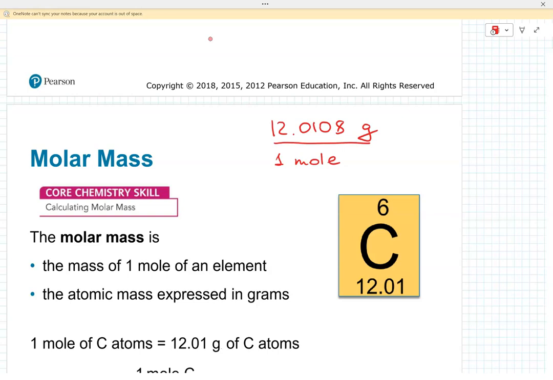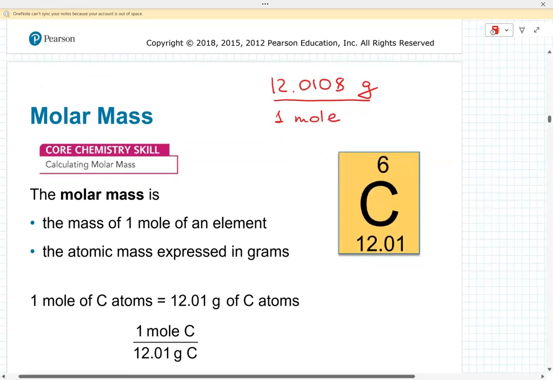Does that make sense? Take a look at what I wrote on that page. Is this a conversion factor? Yeah, it is a conversion factor. It tells you that that many grams of aluminum constitute 1 mole.